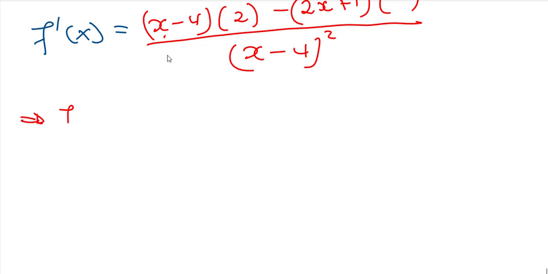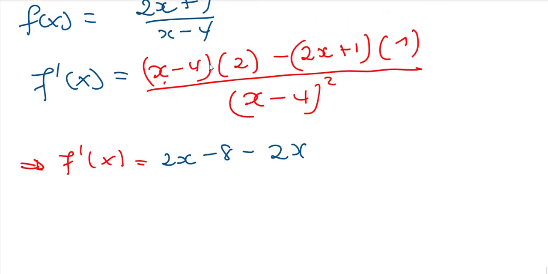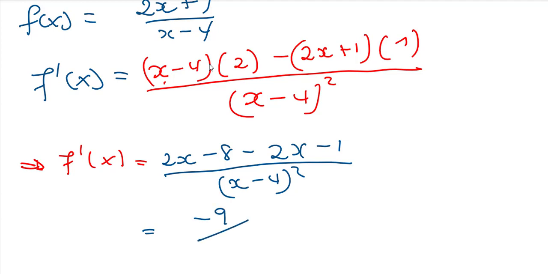This means f prime of x will be equal to, we open up our bracket, 2x minus 8 minus 2x minus 1, divided by x minus 4, all of that squared. So this will be equal to, 2x minus 2x will cancel. Negative 8 minus 1 will be negative 9 divided by x minus 4, all of that squared.